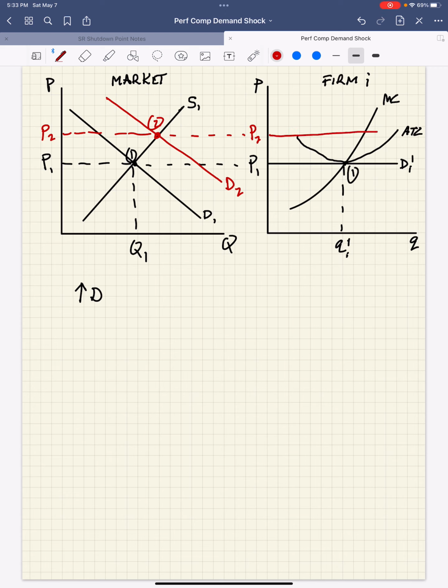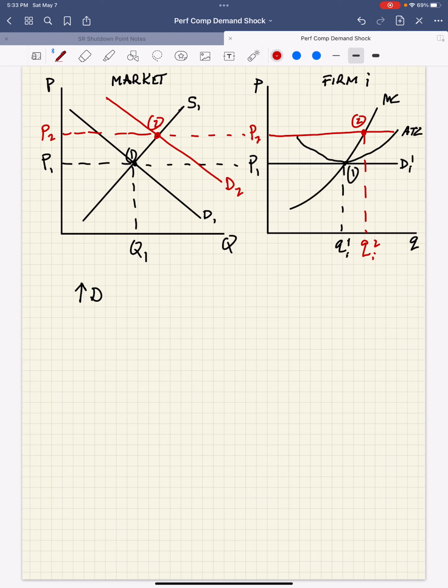So we can draw that new marginal revenue line straight across. And they're going to reassess their profit maximizing level of output, right? At that higher price, they can cover that marginal cost at higher levels of output, and they'll produce at Q_i2. You can imagine there's 100 other firms doing exactly this, moving up from point 1 to point 2.